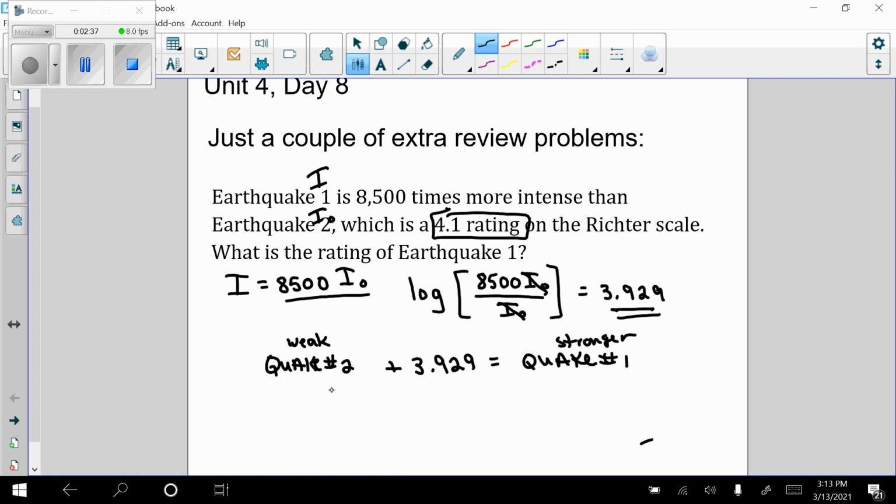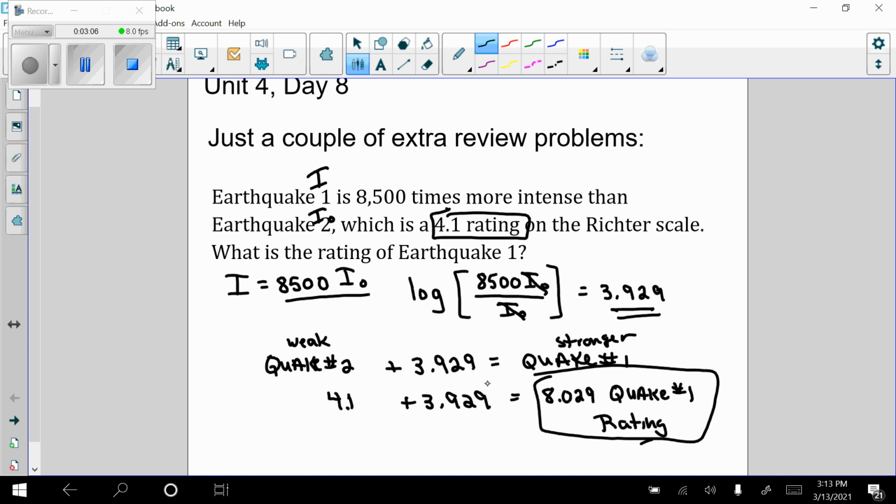So my weaker one was 4.1 plus 3.929 gives me 8.029. And that is my stronger one, quake number 1 rating. All right, so there you have that one.